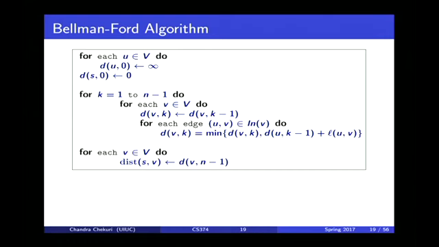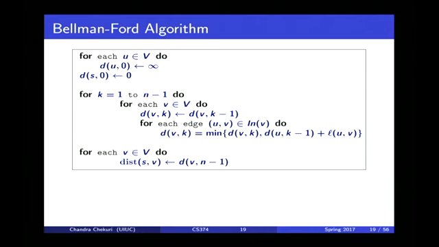So this is the Bellman-Ford algorithm. You find shortest walks with an increasing number of hops, that is, edges. It's very simple. You are memorizing this recursion, dvk, and for k equal to 1 to n minus 1, for each vertex, you just use the recursion.